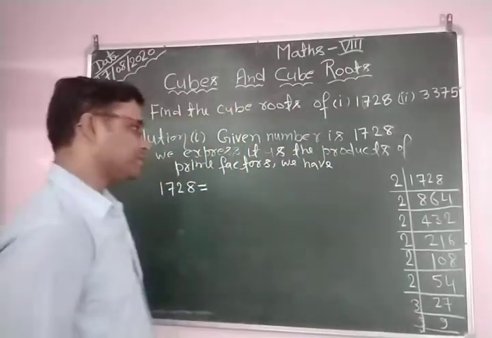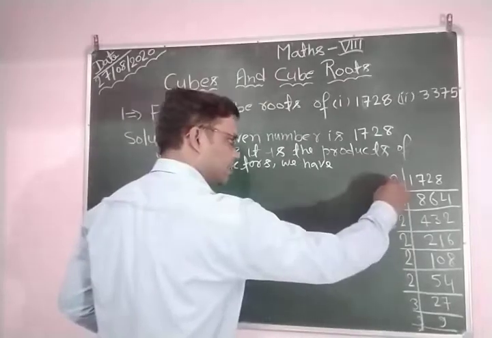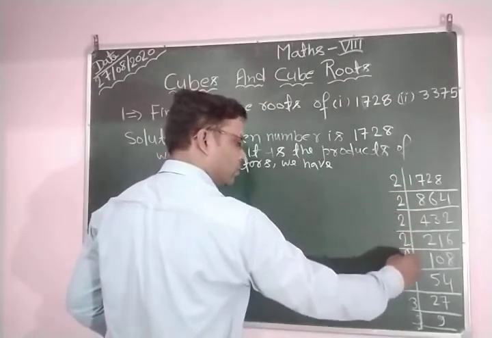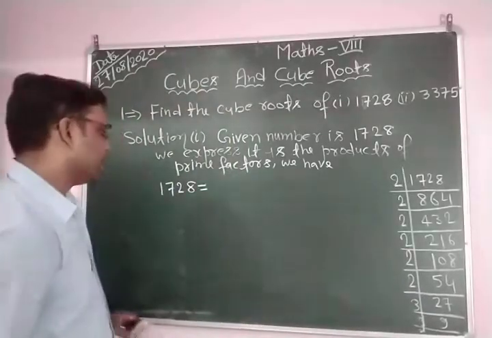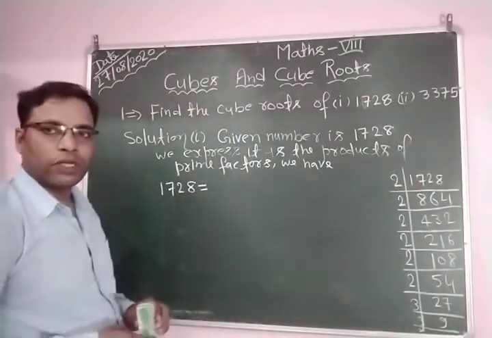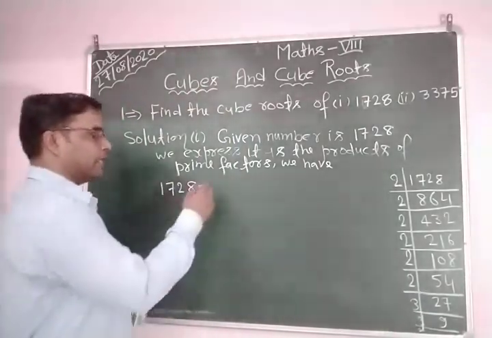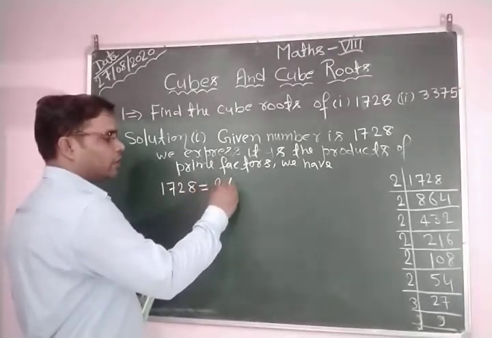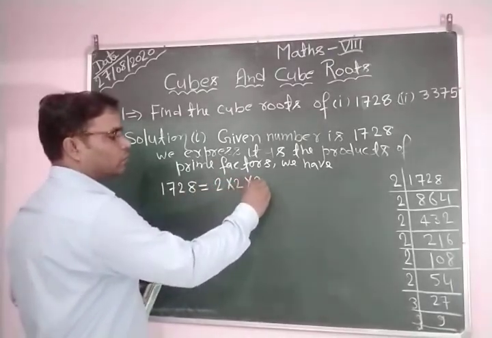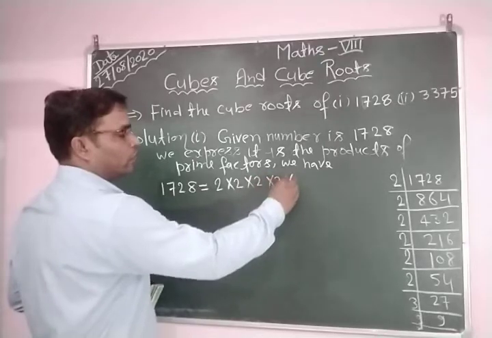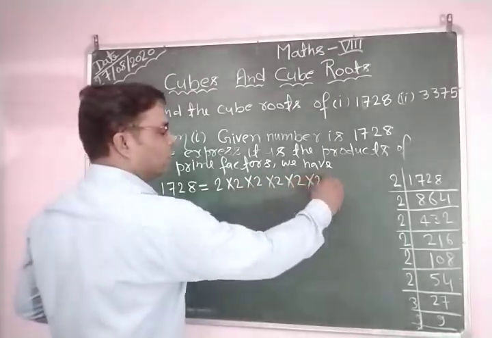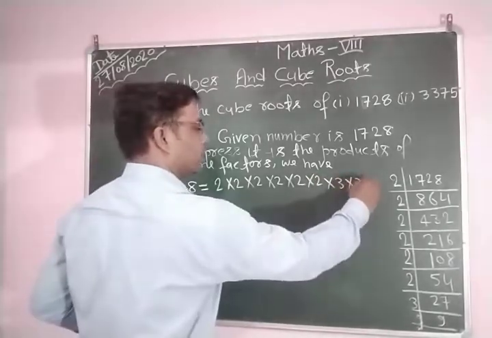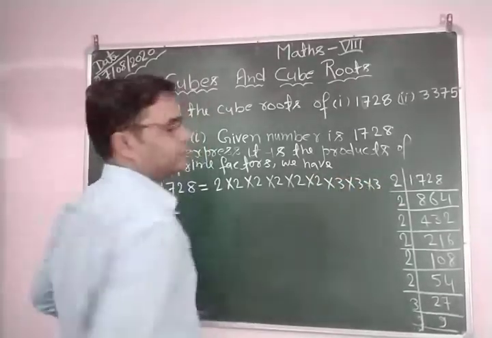So you can see here, 1 2 3, 1 2 3, 1 2 3. We can express 1728 as a product of prime factors like this: 2 into 2 into 2 into 2 into 2 into 2 into 3 into 3 into 3.